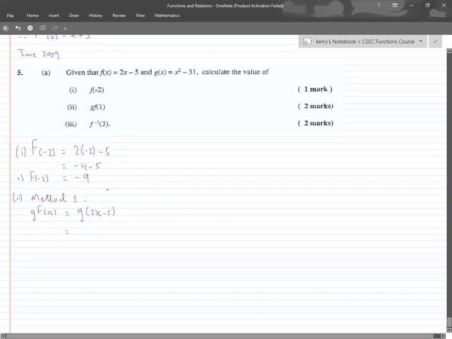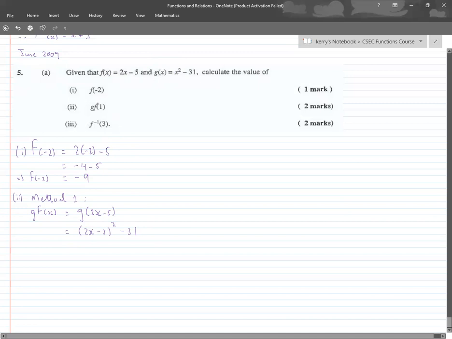You are taking 2x minus 5 and putting it into g. So it becomes 2x minus 5 squared minus 31, because the function g is the input squared minus 31.